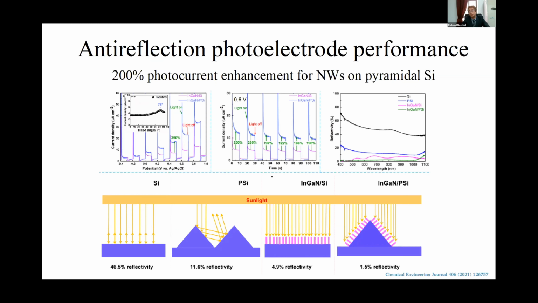We did simulations shown at the bottom, and indeed, starting from a silicon substrate to the pyramidal edge, then nanowires on the planar substrate, and finally nanowires on the pyramids, the reflectivity continuously reduces down to 1.5% for the pyramids with nanowires. So this is a hierarchical anti-reflection structure taking advantage of the nanowire morphology and the pyramidal structure.